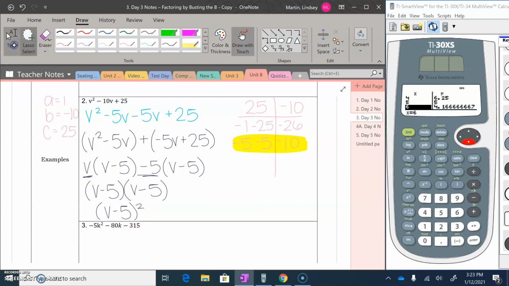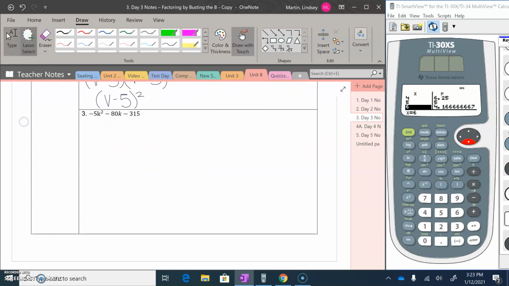Moving on to number 3. Notice that number 3 has an a value that is not 1. When we see that, we want to make sure that we are checking for a GCF. So my a value is negative 5, b is negative 80, and c is negative 315. By looking at all three of these, we know that each one is factorable by 5.